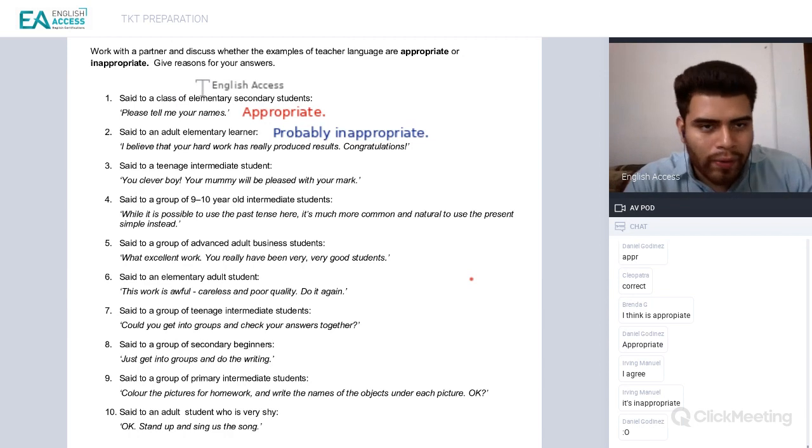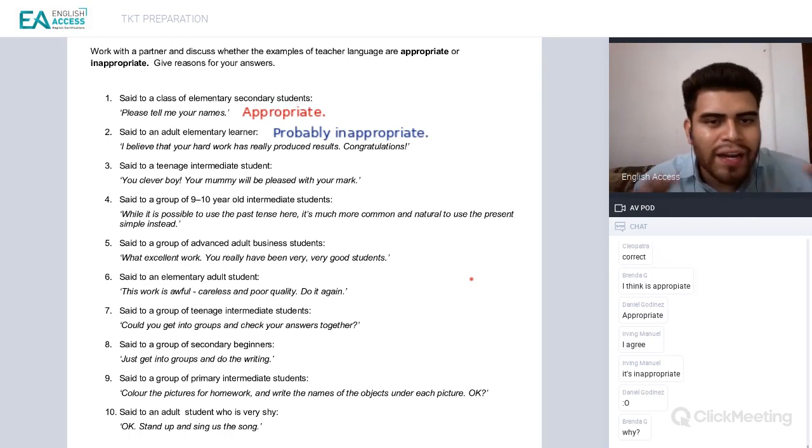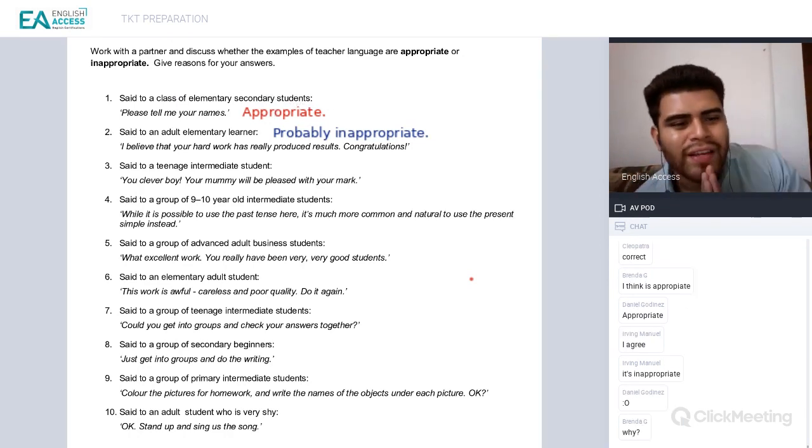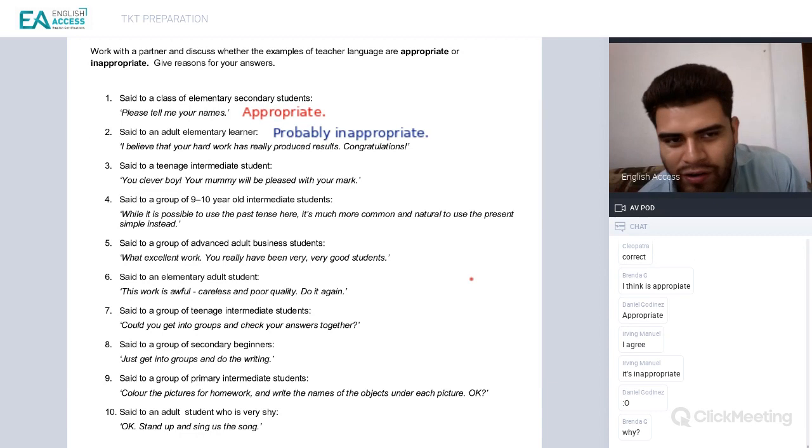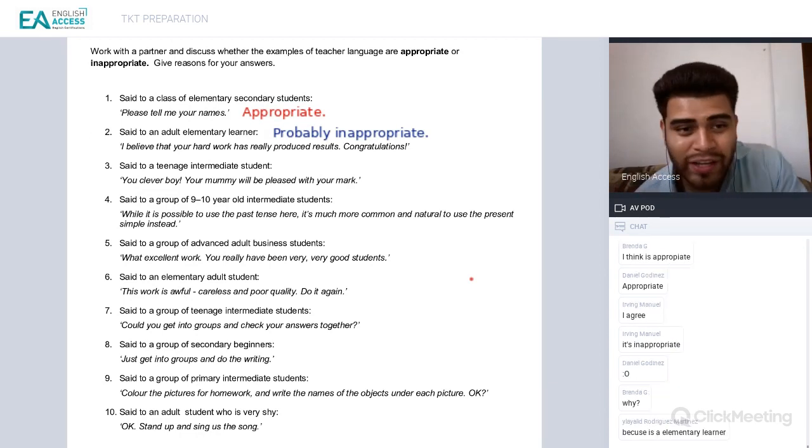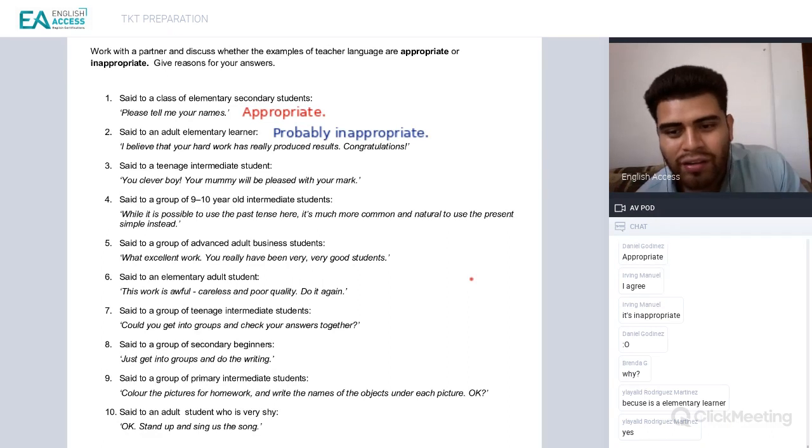Now, let me explain why. It's kind of inappropriate because the language is too complicated for an elementary learner. You know, elementary is only A1. It's an adult.